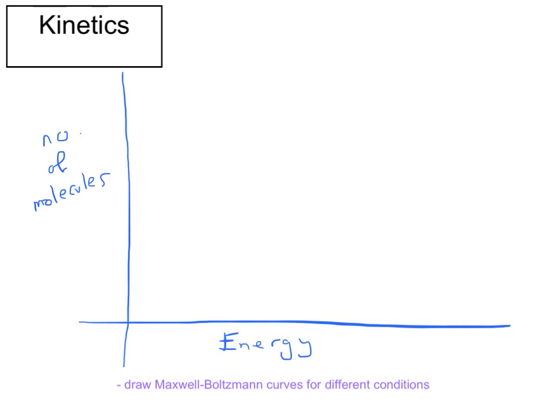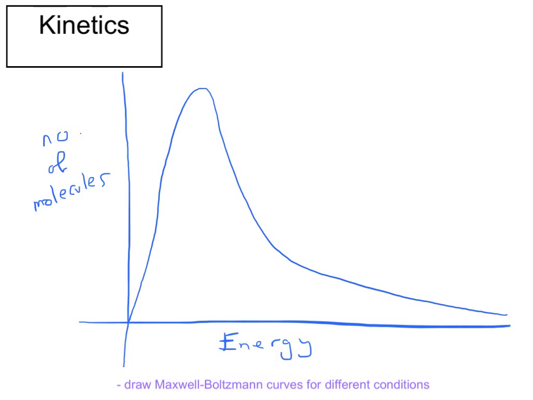And at just a random temperature, you can give this a distribution like this. You can also mark the activation energy. So here would be the activation energy. So basically all of these molecules have the required energy in order to react at this temperature.